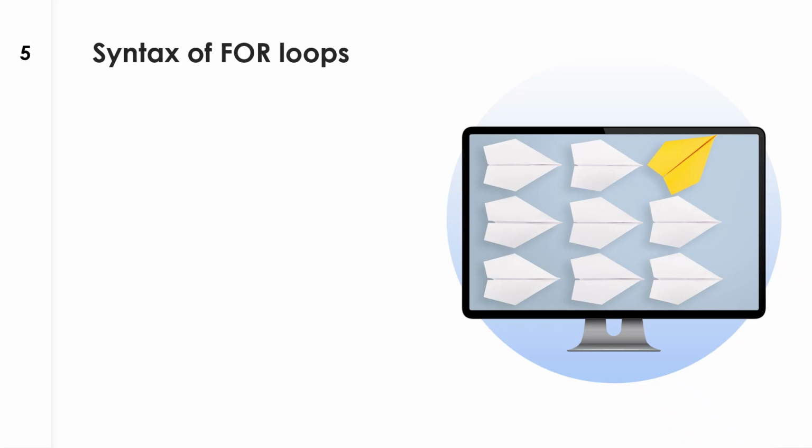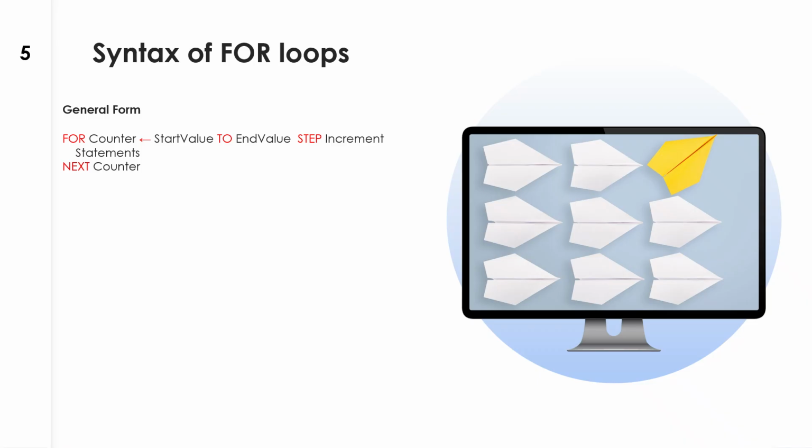Coming back to the syntax of for loops. The general form of the for loop will include the keyword FOR, since this is a keyword, it is written in capital letters, followed by the name of the variable that needs to be incremented every time to run the loop. I have used the name of the variable as counter here.